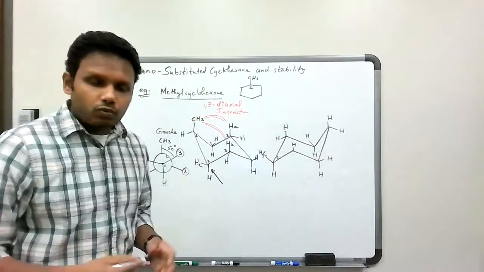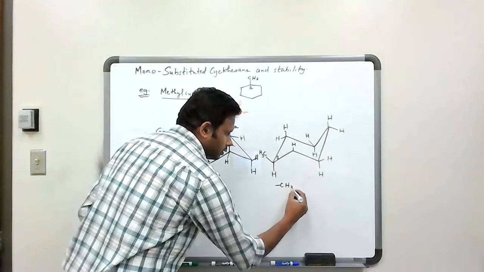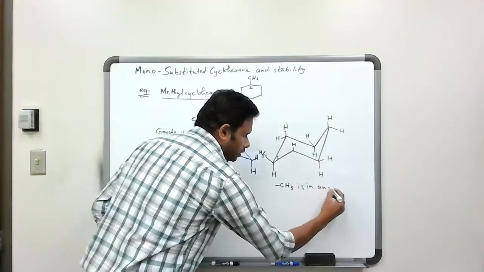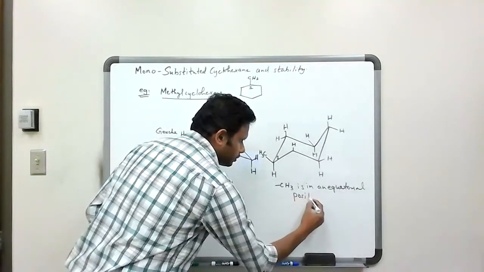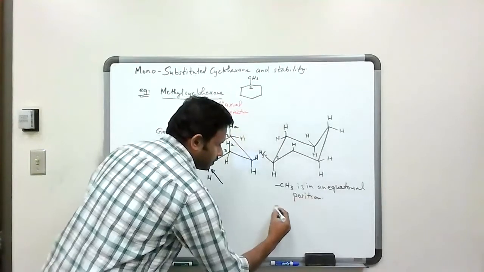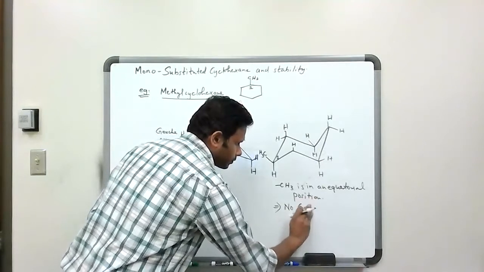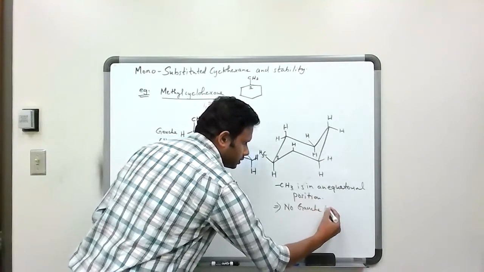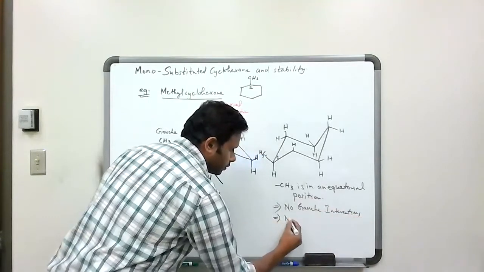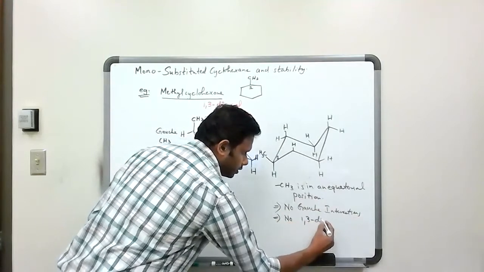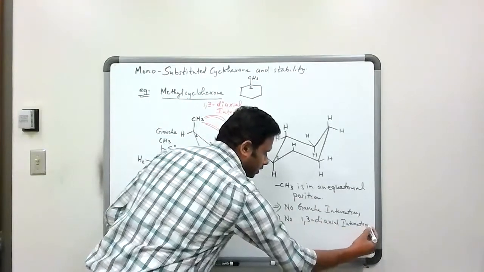And based on what we saw, when the methyl is in an equatorial position, then we have no gauche interactions, and there's no 1,3 diaxial interactions.